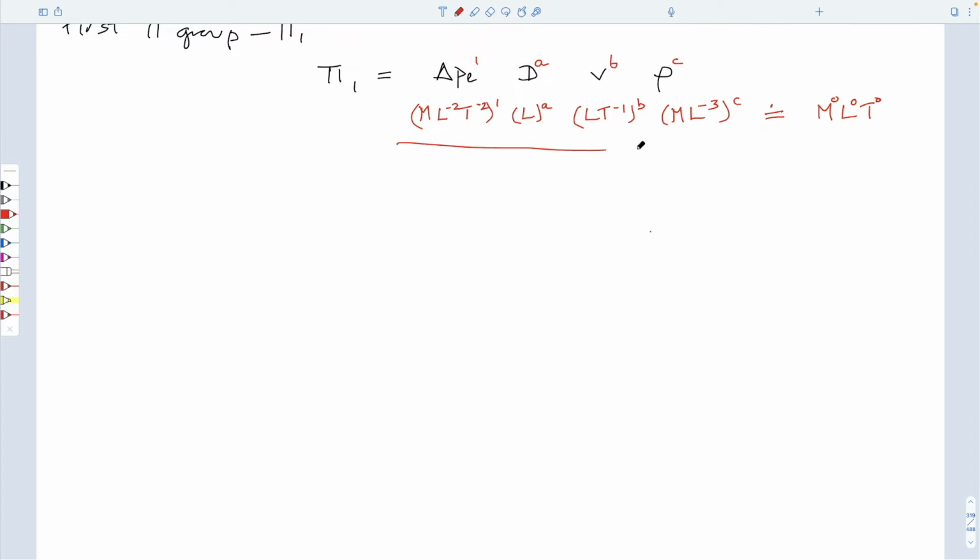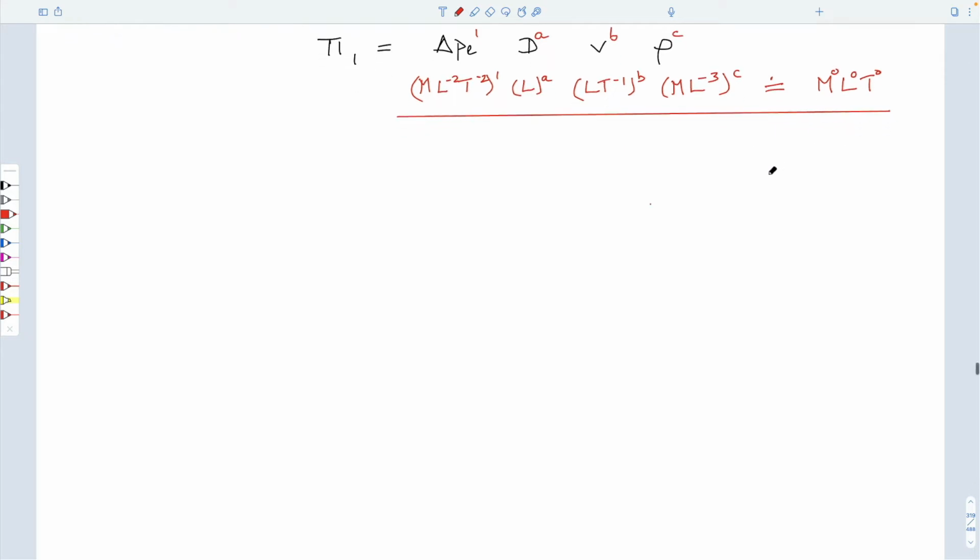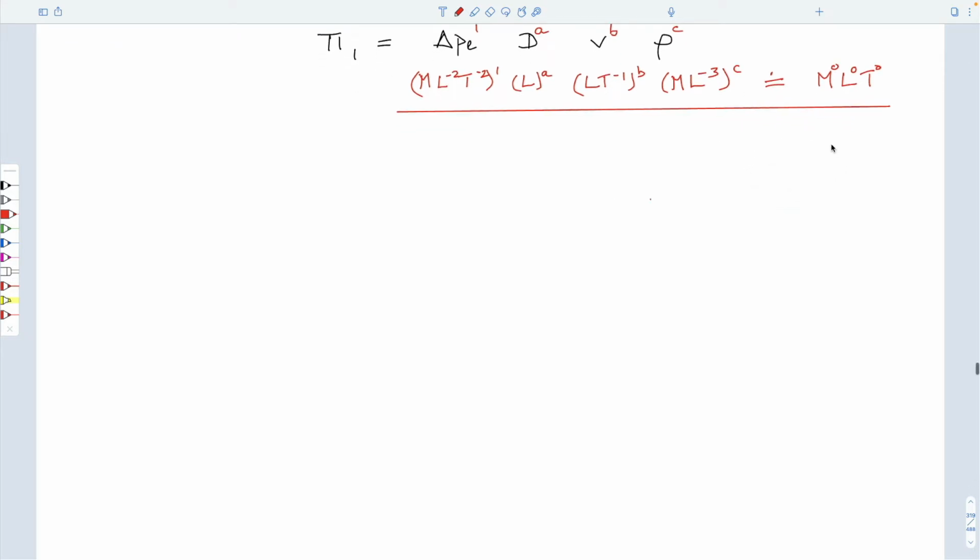So I will underscore this with a line. And so we can write 3 equations: in terms of mass, for length, and for time. I'm just going to write 3 simultaneous equations.